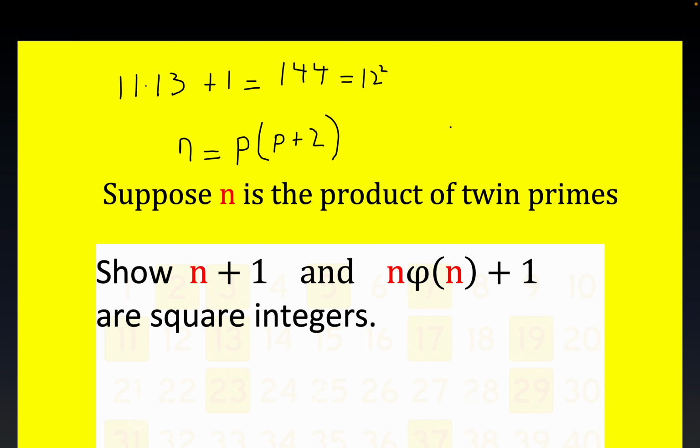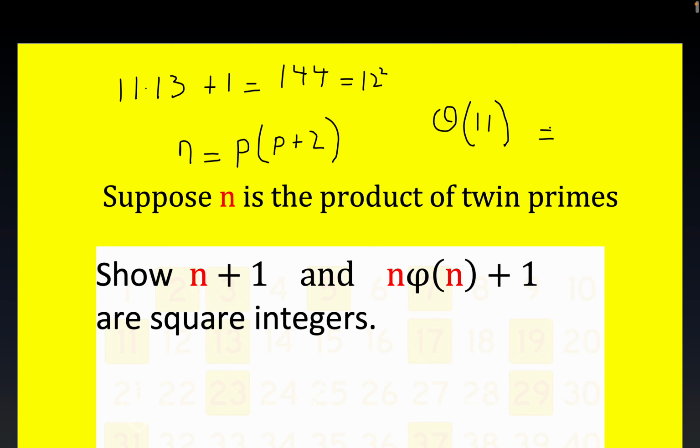I'm not going to get into a big rigorous thing about the phi function, but it's kind of a function that measures the primality of a number. So phi at 11 is equal to 10. And it's a counting function.